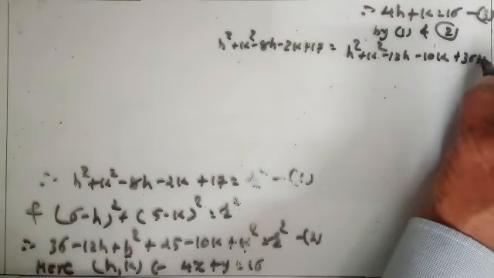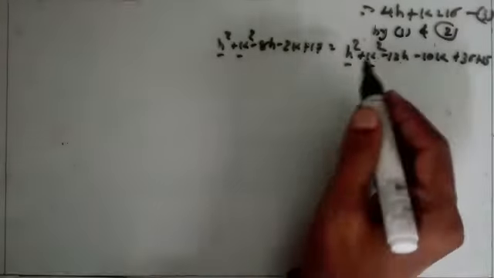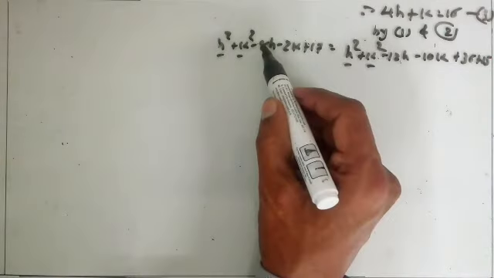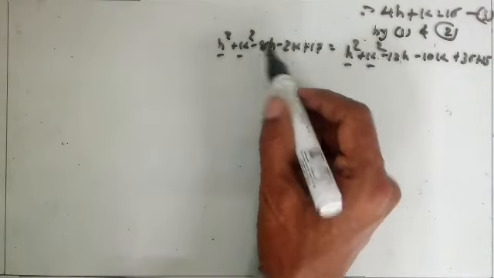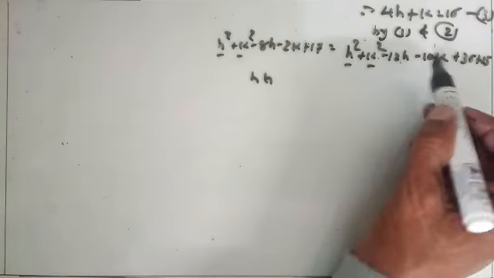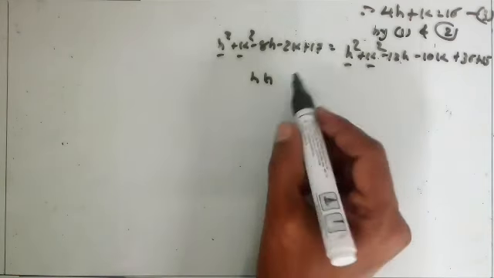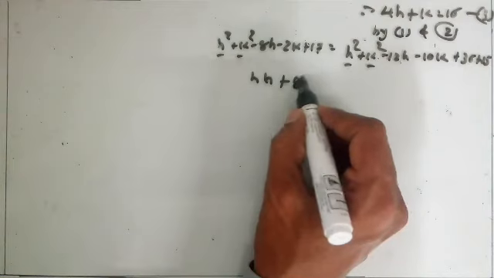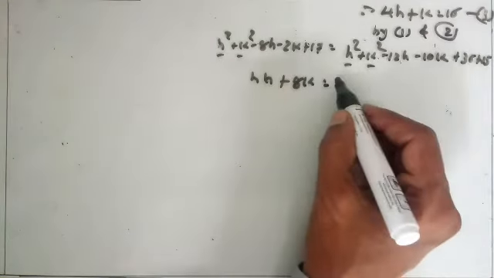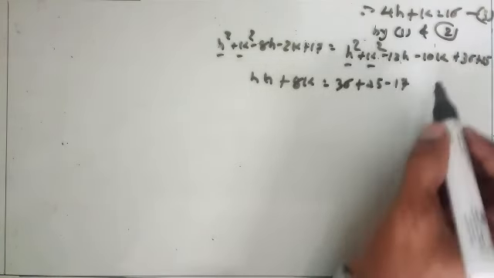So simplify this. 12h take this side, so it becomes plus 12h minus 8h is 4h, minus 10k take this side, so plus 10k minus 2k becomes plus 8k, is equal to 17 take this side, so 36 plus 25 minus 17.